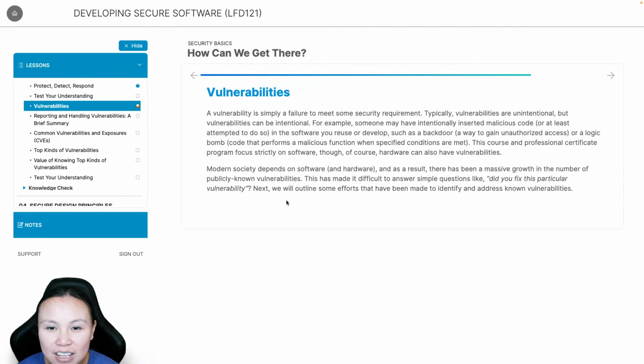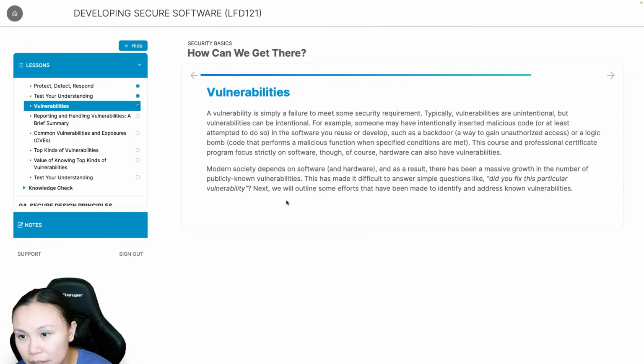Okay, a vulnerability is simply a failure to meet some security requirement. Typically, vulnerabilities are unintentional, but vulnerabilities can be intentional. For example, someone may intentionally insert malicious code, or at least attempt to do so, in software you reuse or develop, such as a backdoor or a logic bomb.